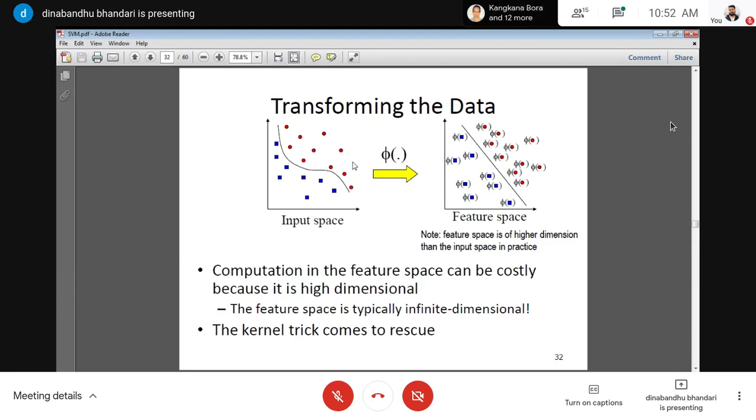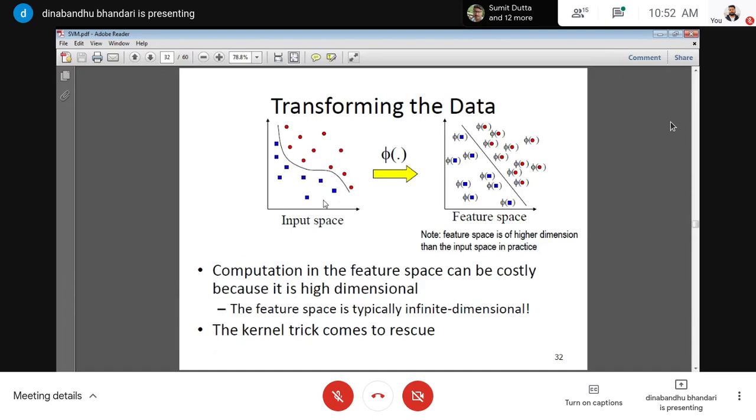Now, in the 10 dimensions we have to do some computation, especially the dot product of 2 points. That is what we have to feed to the QP solver, the quadratic programming solver: the dot product of two vectors together with their labels.